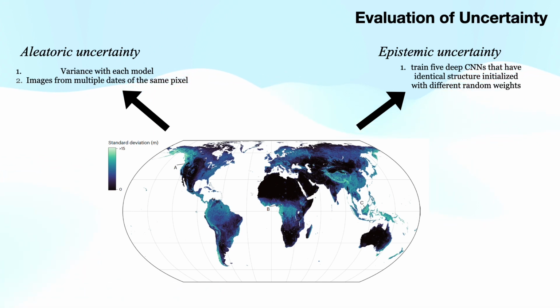Epistemic uncertainty is about how well the model performed. They evaluate the convolutional neural network model, and they train five of them in order to compare how they differ in their results by having randomized initial weights.